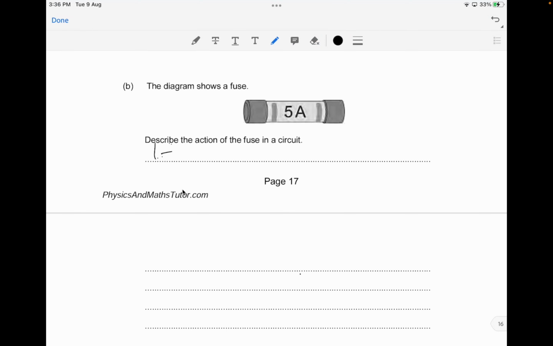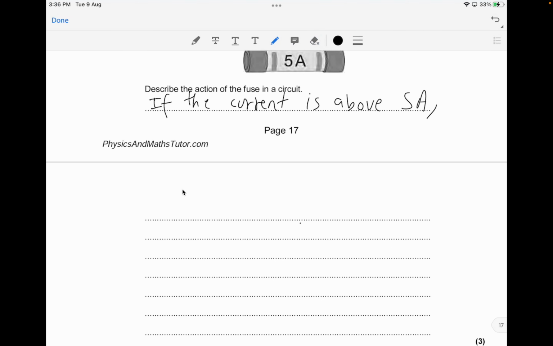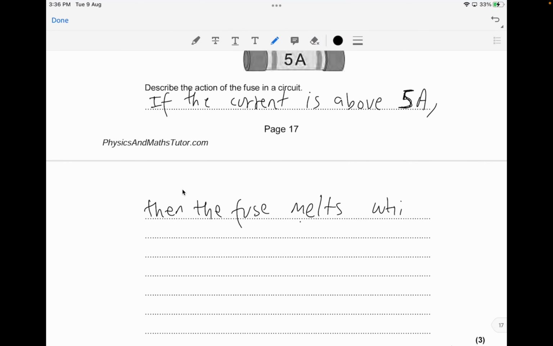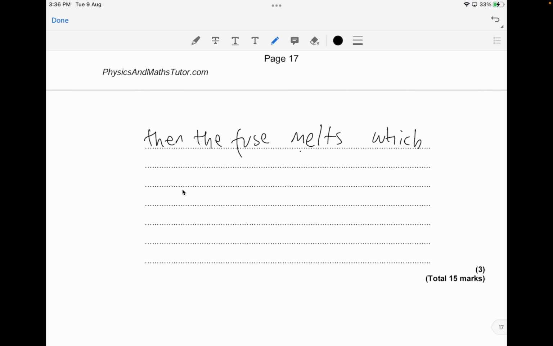So if the current, I'm going to write that down so you guys can all see that. If the current is above 5 amps as mentioned in the question, or the value of the fuse, then the fuse melts, which breaks the circuit.